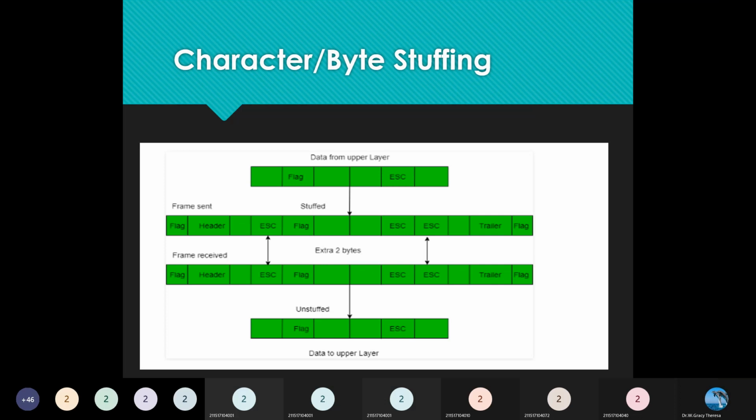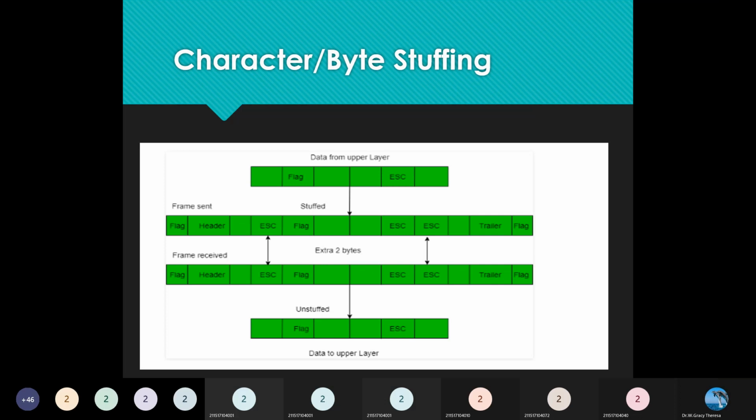This byte-oriented stuffing carries 8-bit characters from the coding system, and it has a header, the start frame delimiter, as well as a trailer, for error correction and error detection. The end of the frame is also indicated by means of the flag. As you see in this diagram, we have a flag to indicate this is the starting of the frame and this is the ending of the frame.